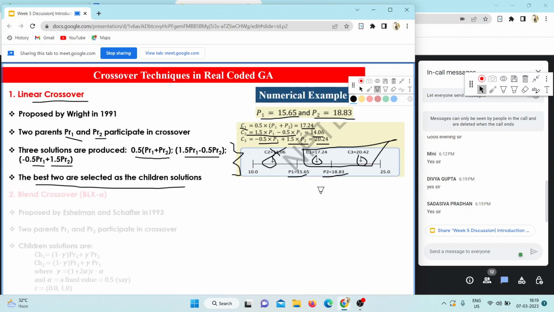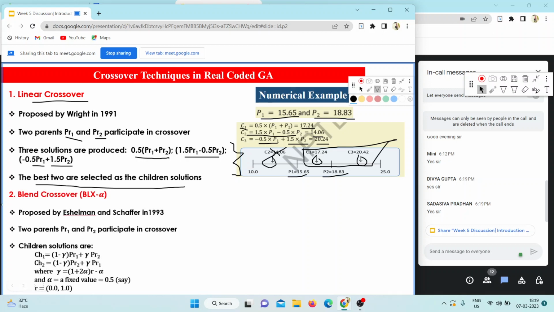Okay. So our next type of crossover is blend crossover. In blend crossover, again two parents will be participating, and you will get again two children. This time you will get the children by this formula: (1 minus gamma) Pr1 plus gamma Pr2, and the other child (1 minus gamma) Pr2 plus gamma Pr1.